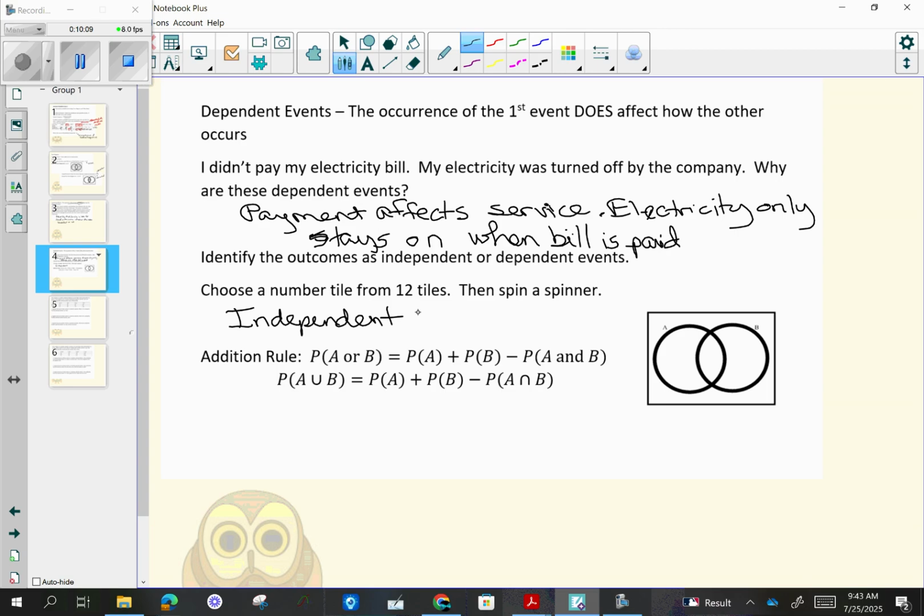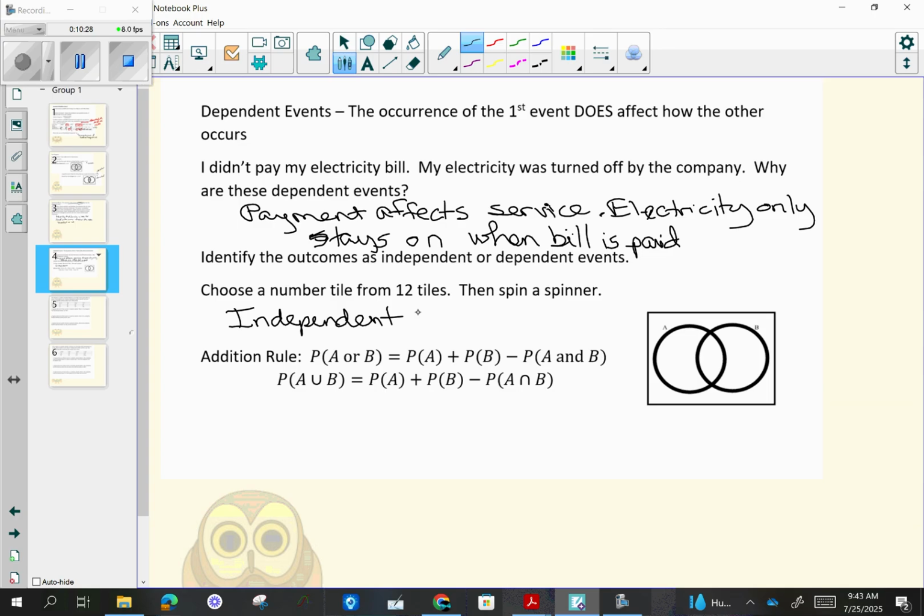Okay. When we're dealing with different events, we have something called the addition rule. The addition rule is, if I have these two events, I can potentially figure out what the probability is of their union.